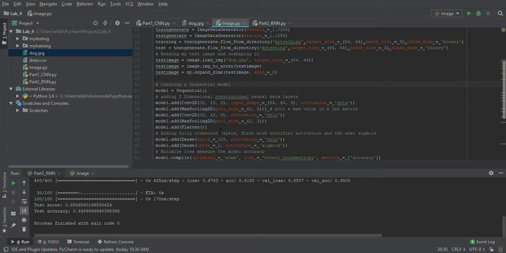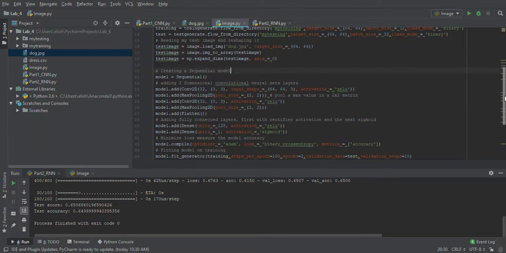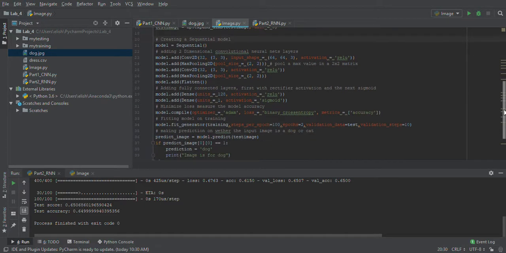Did a max pooling, and then I added a fully connected layer. So in image classification, I pass a rectifier activation function on the first layers, and then on my last fully connected layer, I use a sigmoid activation function.